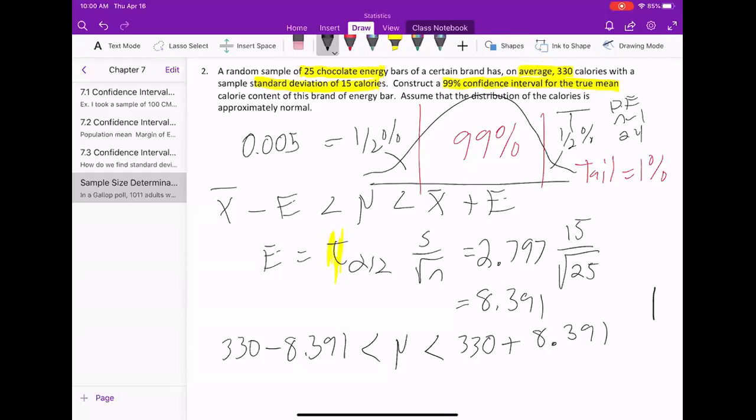So I get a lower value of 321.609 is less than mu, is less than 338.391.